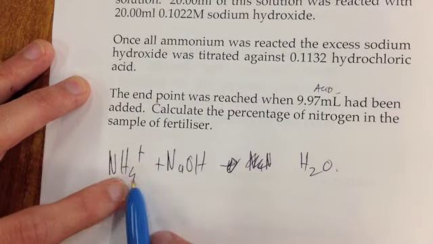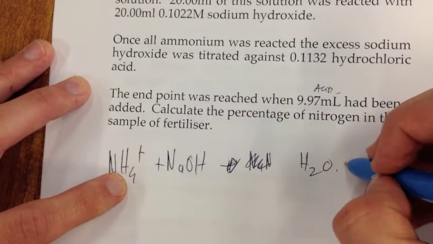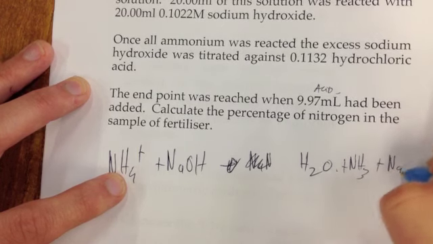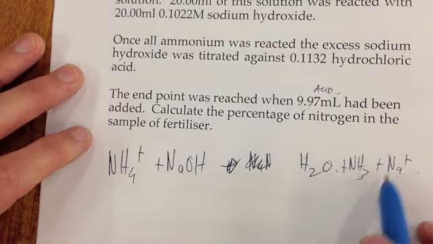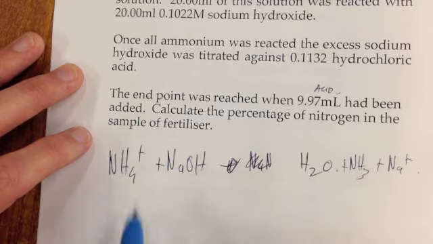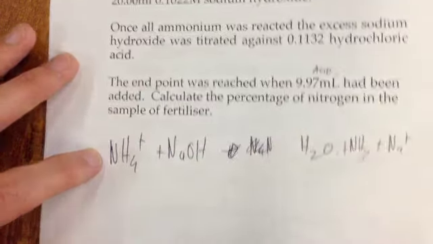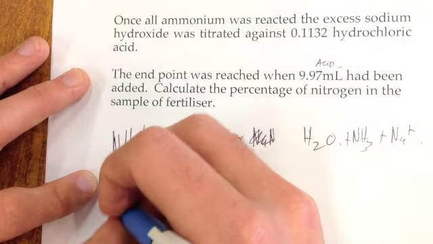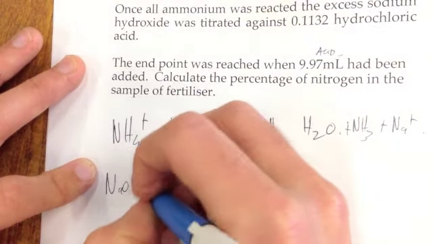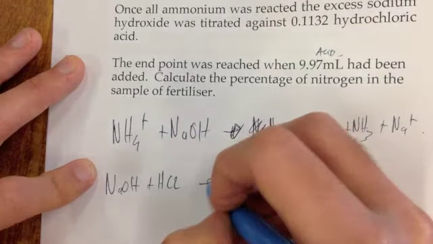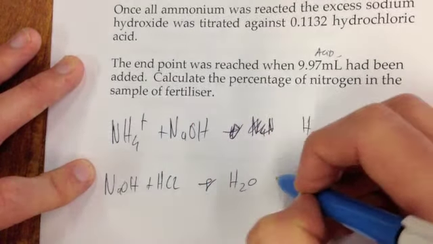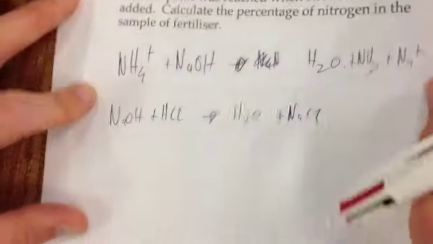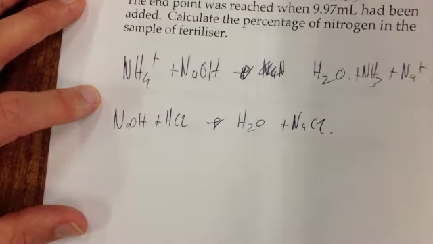Okay, so that goes there, and it's going to form ammonia, apparently, but that's going to happen to it. It's going to be a 1-to-1 ratio here. Second thing is sodium hydroxide, NaOH plus HCl, forming water and sodium chloride. So we have these two equations happening.